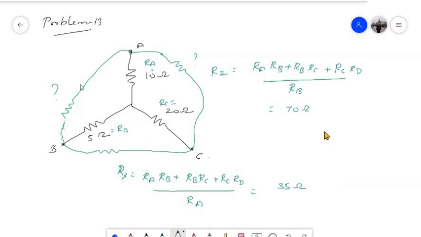In the same way, maybe you can take this as R1. So this is occurring between this 5 ohm as well as the 10 ohm resistance, and you see what is there in the other arm. That will be 20 ohm, that is RC. So you will have everything, whatever you have here, divided by RC.